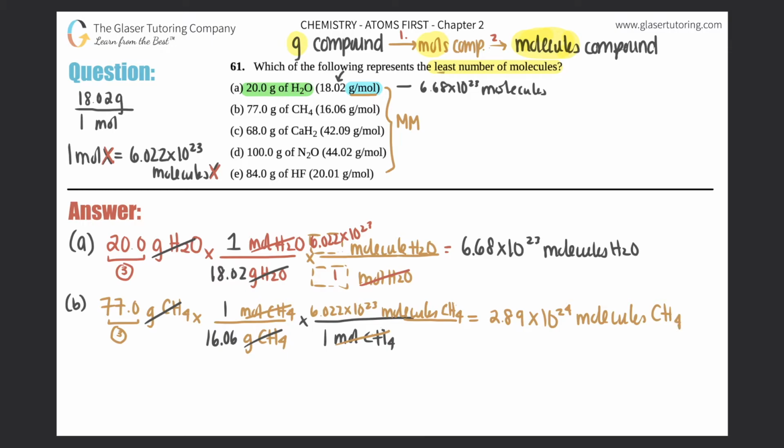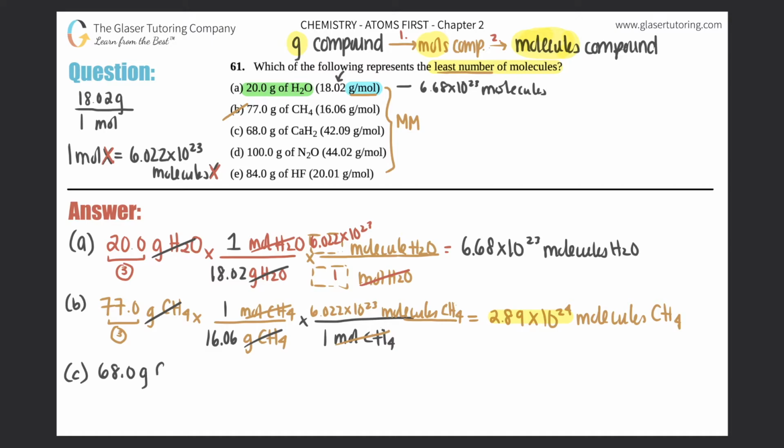Now, since they want the least number, this number is greater than the molecules of H2O because 24 is greater than 23. So we can automatically cancel out B. Next one, C.